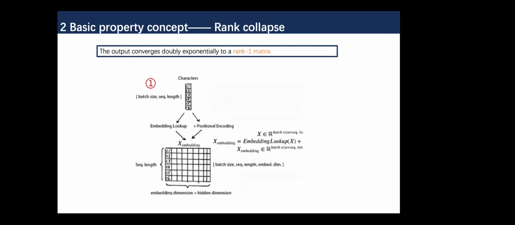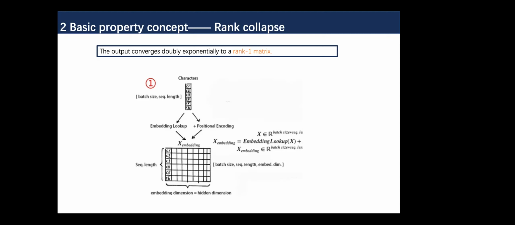And the next concept is called rank collapse. This is a very terrible phenomenon, to be honest, because the output of each layer of the model is a sentence feature matrix, and each row of the matrix represents the feature vector of a word. Rank collapse means that each row of the feature matrix tends to be the same.